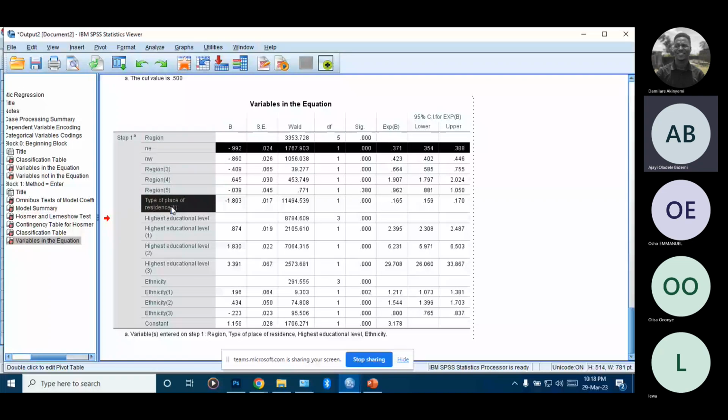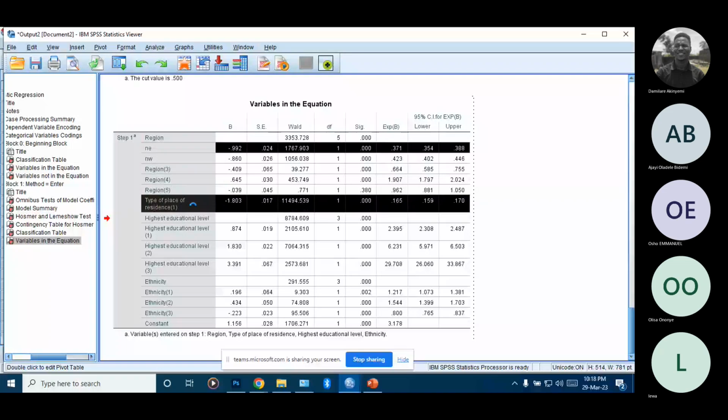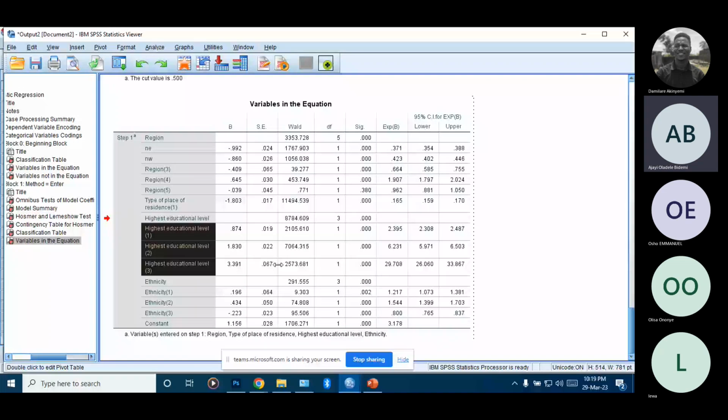So we are going to be having just one place of residence, and that's what we have here. Educational level as well. We have 4 educational levels, but now it provided us with just 3, right? The first one is our reference category. The same thing for ethnicity. Now let's see how we interpret our output.